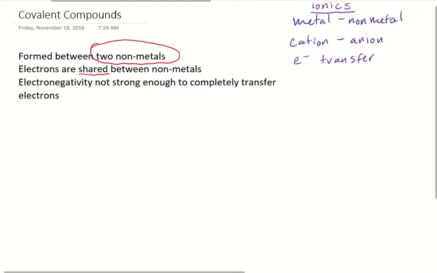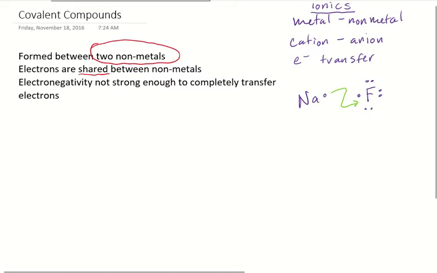But if you guys are looking at the characteristic of electrons, so for ionics, if we had sodium, for example, and fluorine, you guys spent some time drawing these electrons being transferred, like so.